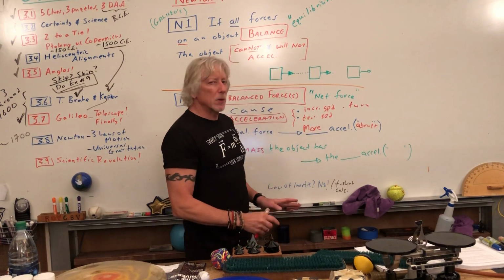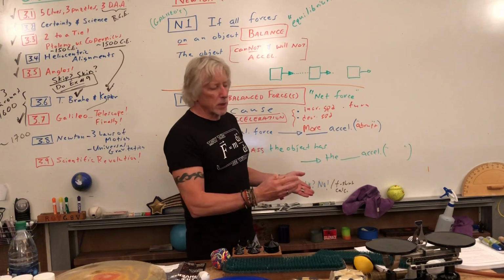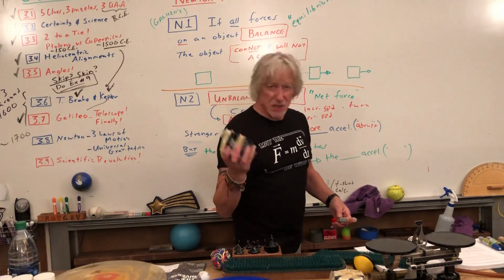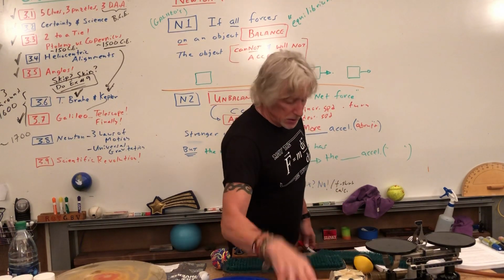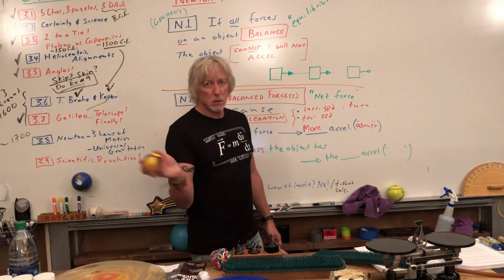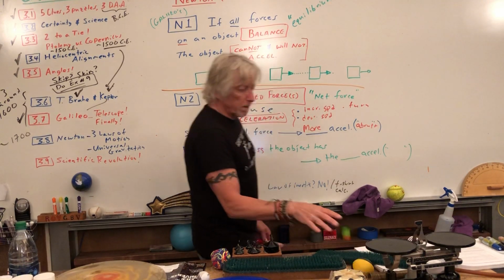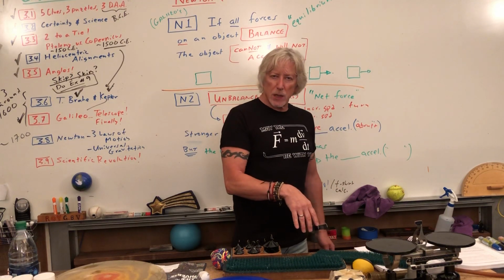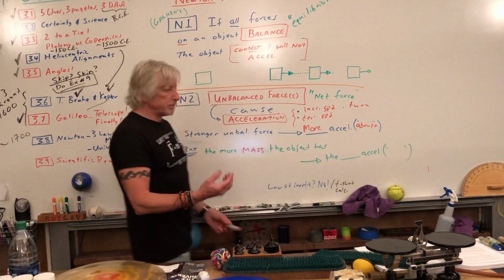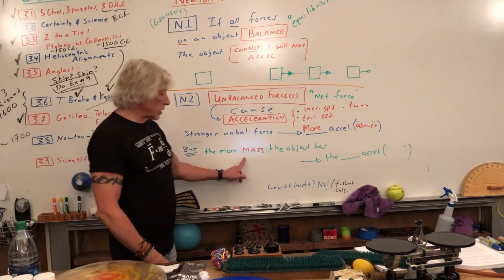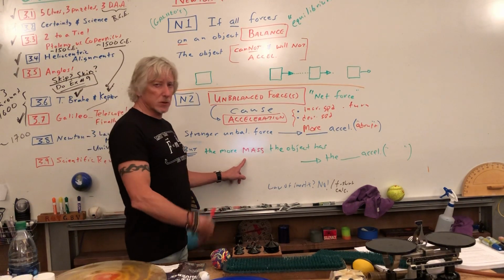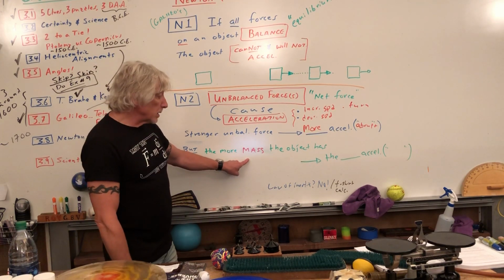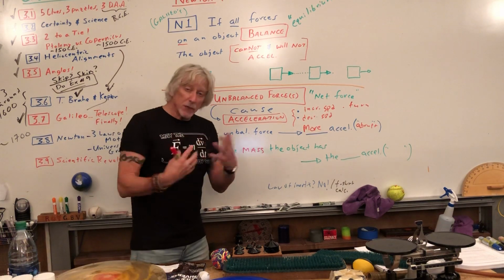But there's a difference, right? You could push the same on the kid on the skateboard and the elephant on the skateboard, or whatever it is. Try playing catch with this. Ugh. This is fine. Problem. So it depends on what the object is. And what property does that object have? Mass. Inertia. Resistance to acceleration. So the more mass it has, the more inertia it has, and the more gravity.